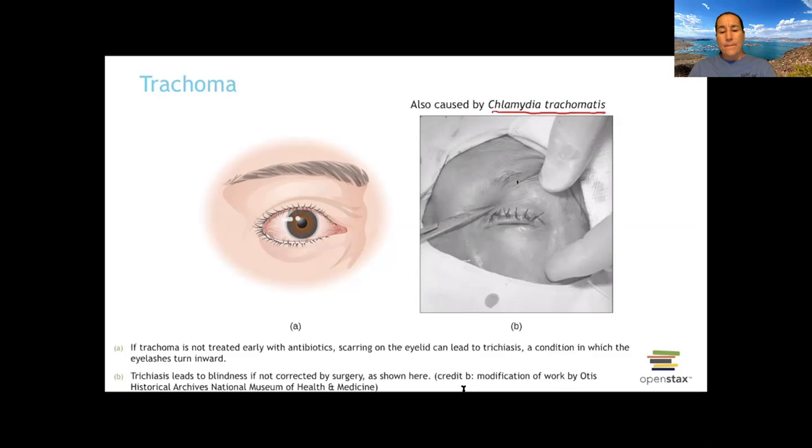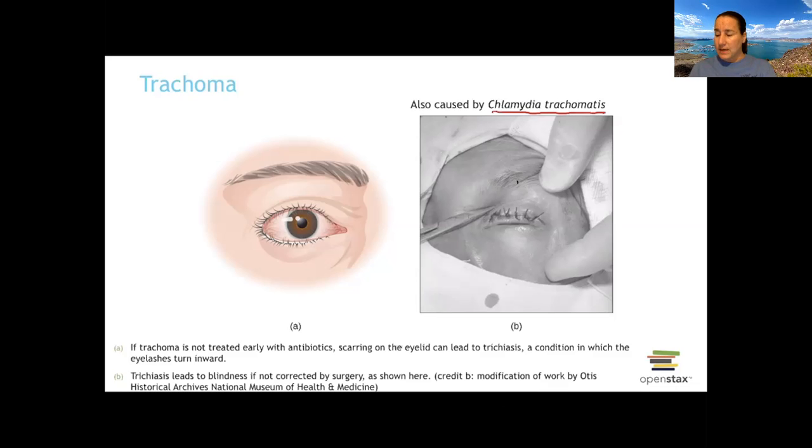Or insects can spread this too. There are flies that will land on the eye and the mucosa, and then you swat them away, but then they go and they land on somebody else. That can also spread it this way. So this is trachoma. It needs to be treated with antibiotics.